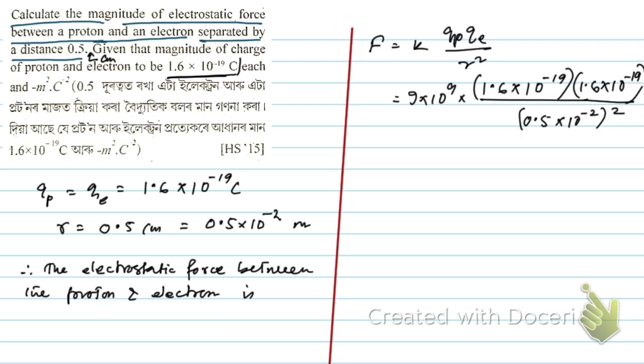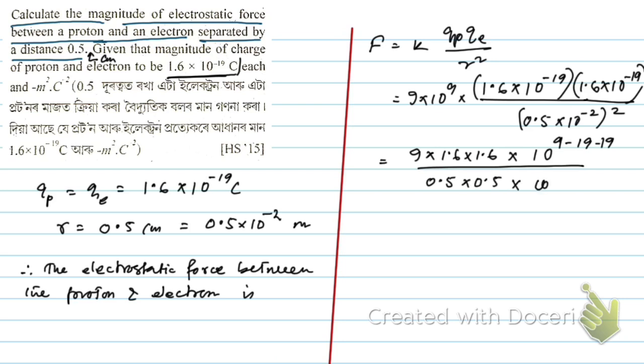Okay, so now you see, 9 into 1.6 into 1.6 and 10 to the power 9 minus 19 minus 19, right, divided by 0.5 square, means 0.5 into 0.5, and 10 to the power minus 2 whole square, that's going to be 10 to the power minus 4.